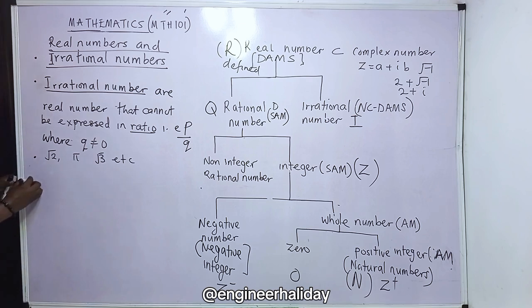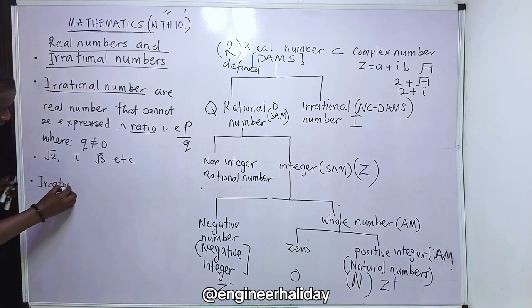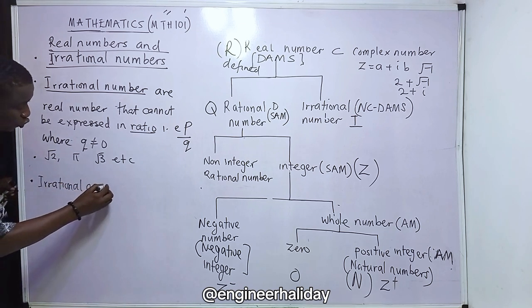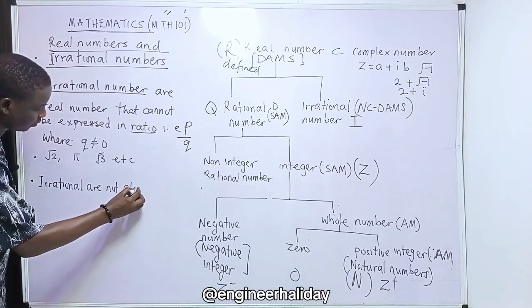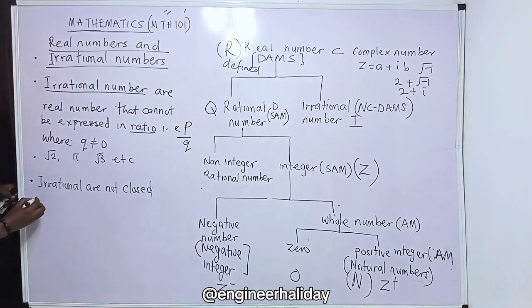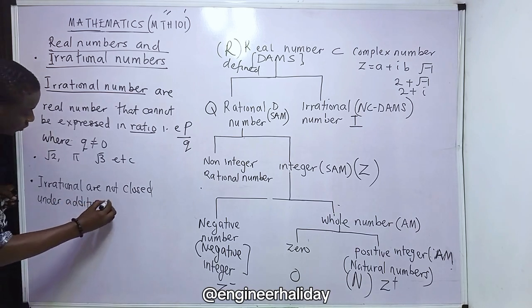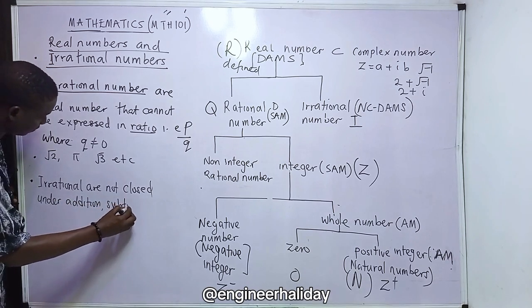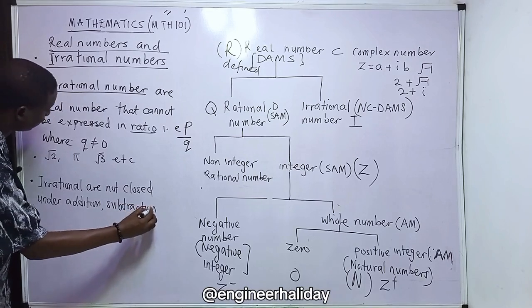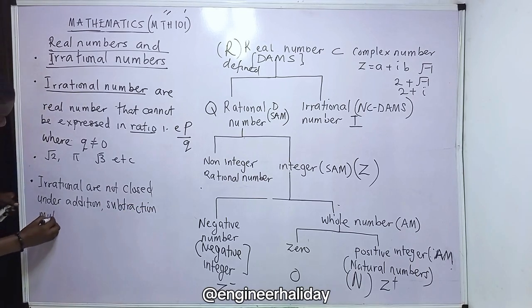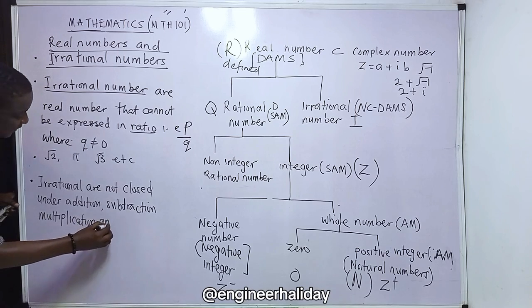Now irrational numbers are not closed under addition, subtraction, multiplication and division.